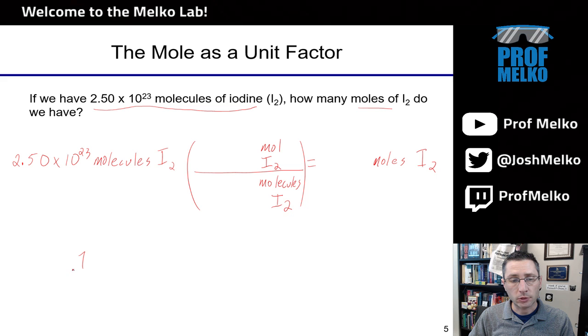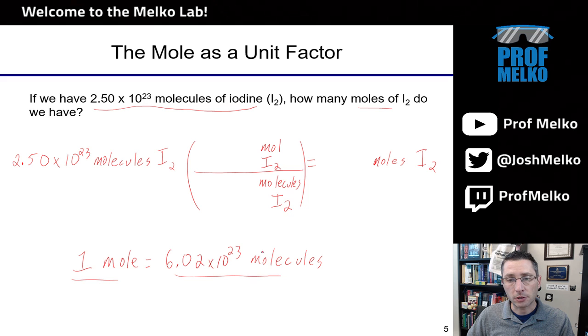This is the concept we just learned about. In 1 mole, there's 6.02 times 10 to the 23rd somethings. Here the somethings is molecules. Could be atoms, could be baseballs, doesn't matter. But this is the unit factor I'm going to use. So in 1 mole, there is 6.02 times 10 to the 23rd molecules.